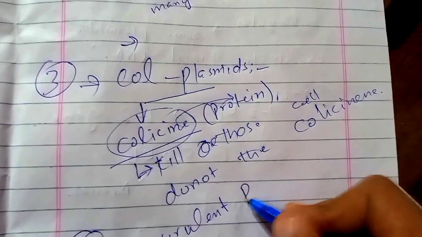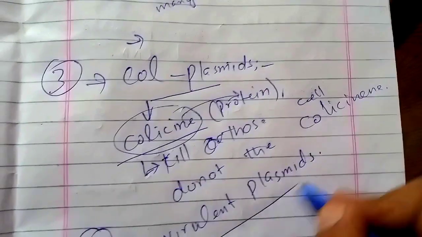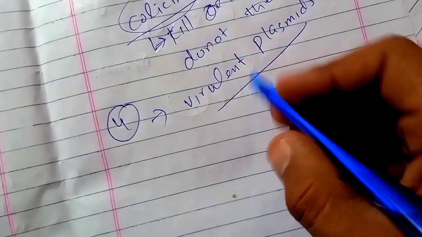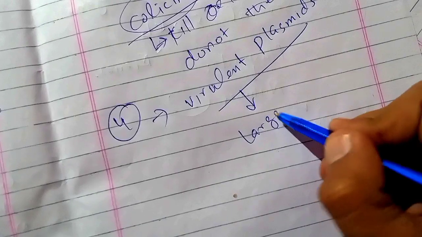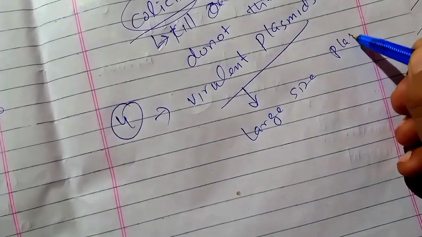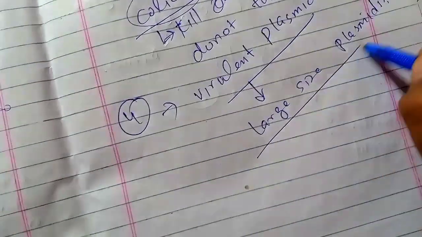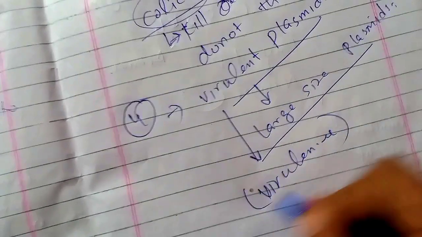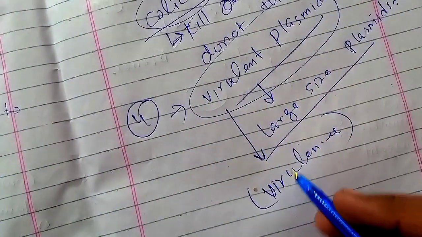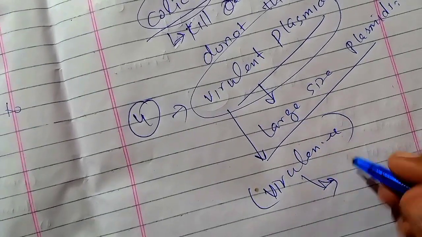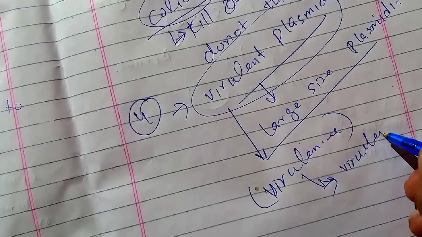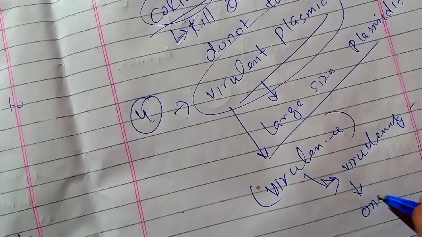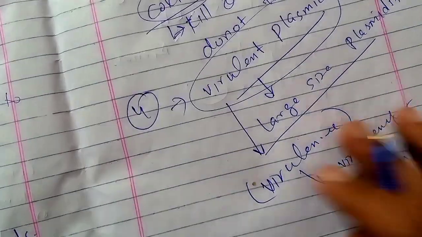Virulence plasmid. This is the last type of plasmid. These are large-size plasmids. These plasmids show virulence to the host cell in which they are present. So virulence plasmids have the ability to cause disease in those cells in which they are present.